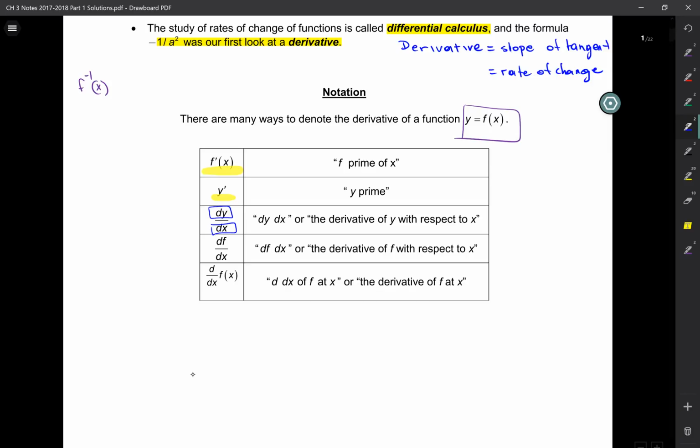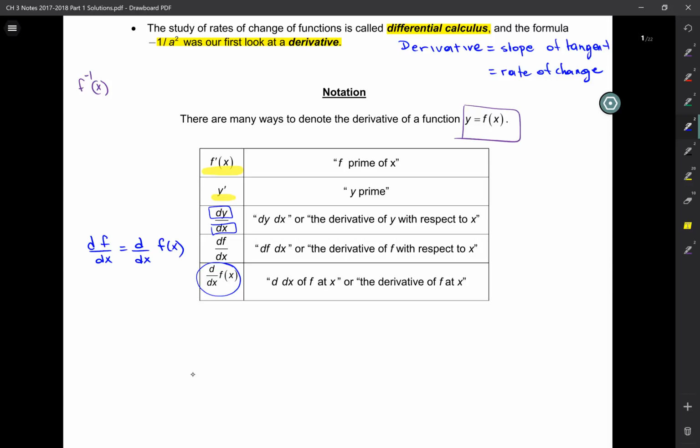Now look, if you have df/dx, and you write the f separately, it's the same thing. I just physically separated them. And now what's f really? It's f of x. So you see how d/dx of f of x is the same as all the other ones.